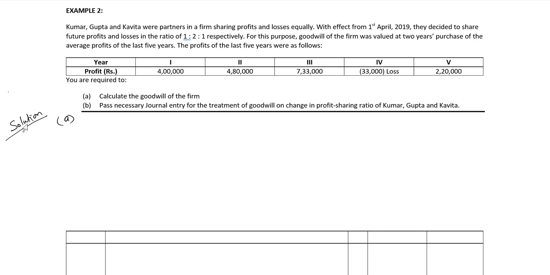So goodwill is to be valued at average profits method, for which the formula is goodwill is equal to average profits multiplied by number of years purchase.